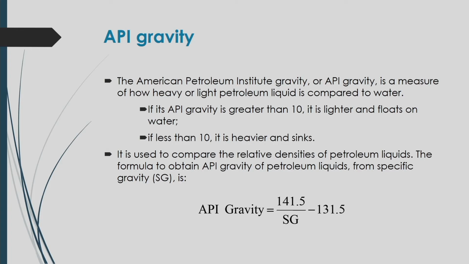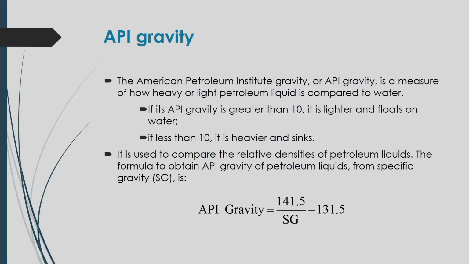It is called API gravity. This API gravity is used as a unit to assess whether a liquid is heavier or lighter. It is a measure of how heavy or light a petroleum liquid is compared to water.